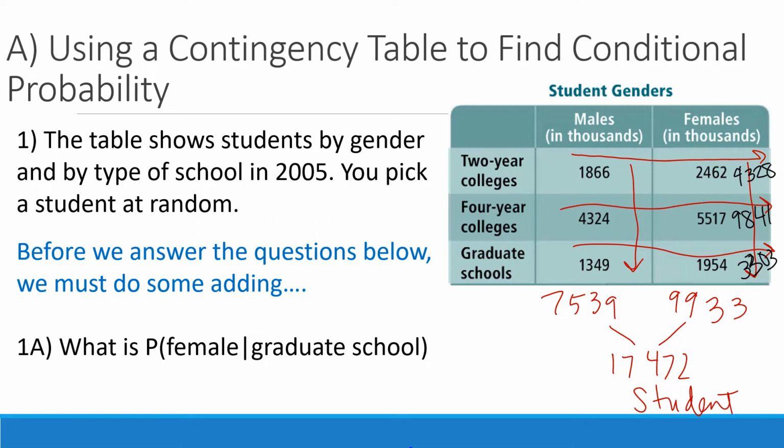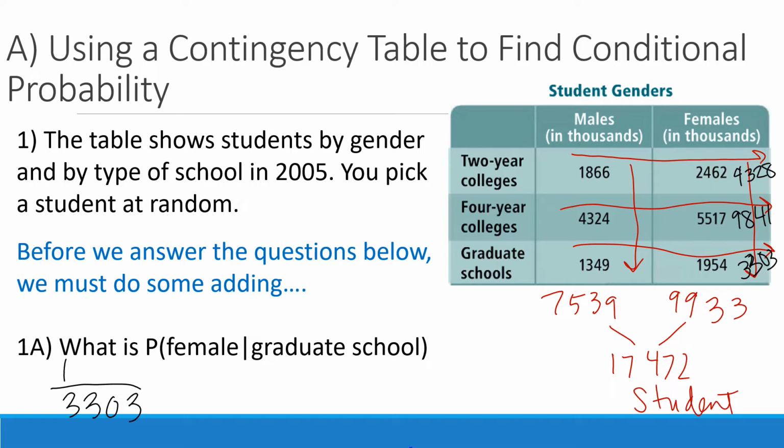So for the first one, what is the probability that a female is in graduate school? What I like to think about is, out of all of the kids that are in grad school, which is 3,303, how many of them are females?